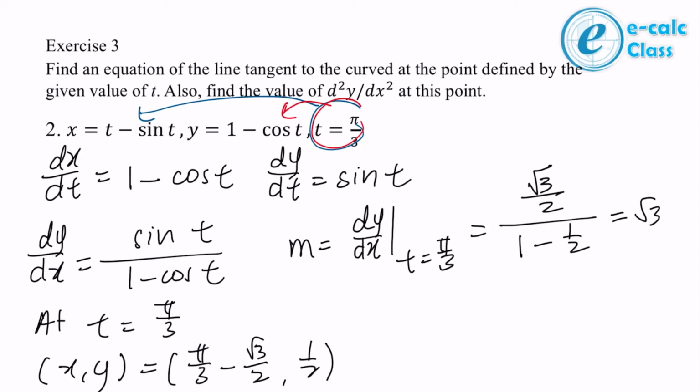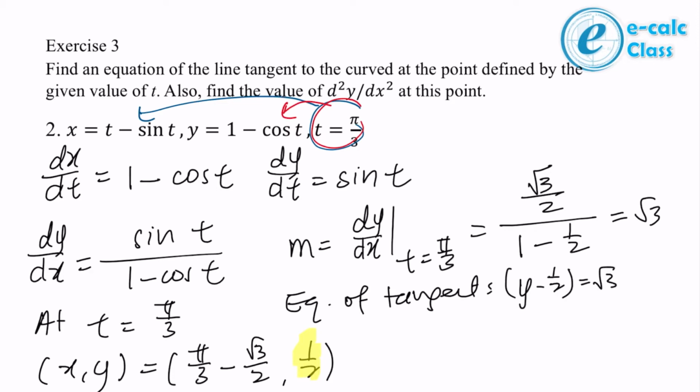Then the equation of tangent: y minus y1 equals m times x minus x1. You know where I got this value from, it's actually here.